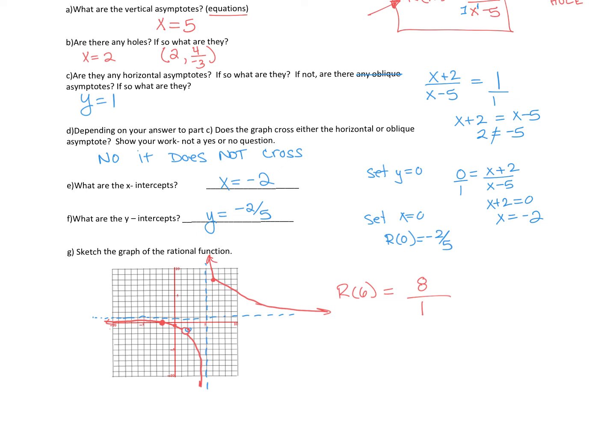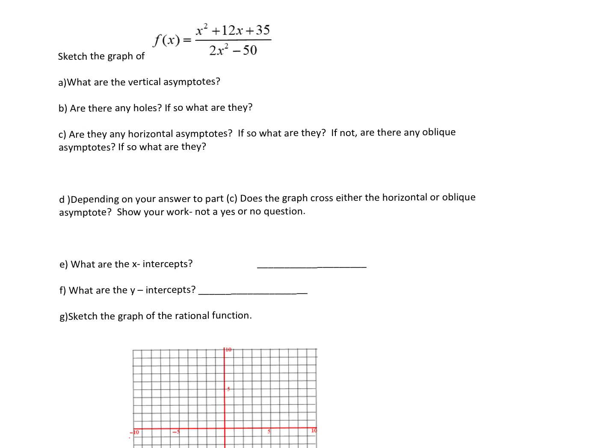So we're going to do that again on another example. In this case, we want to sketch the graph of f of x equals x squared plus 12x plus 35 divided by 2x squared minus 50. So again, the first thing I'm going to do is factor.